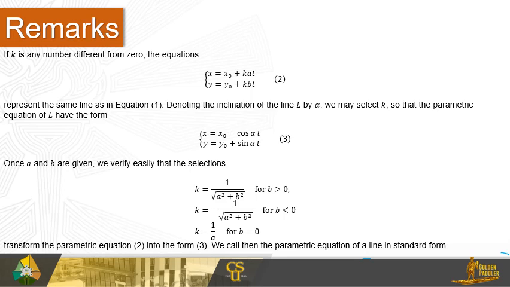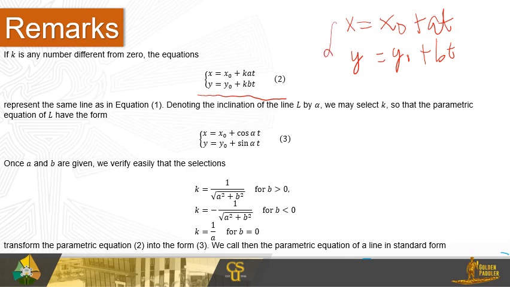Earlier we only had x equals x sub 0 plus at and y equals y sub 0 plus bt. So you see, the only difference between equation 1 and equation 2 is that they have a multiplied k. Okay? So, what is k?